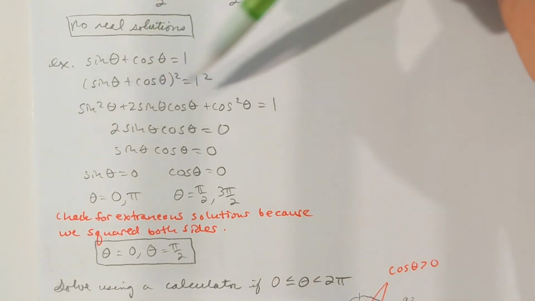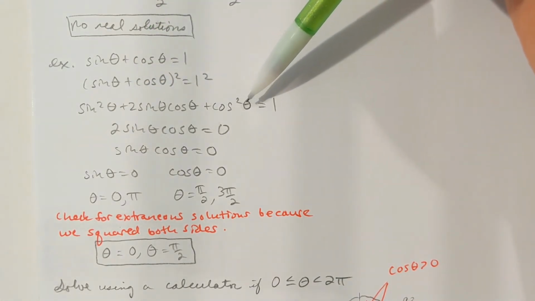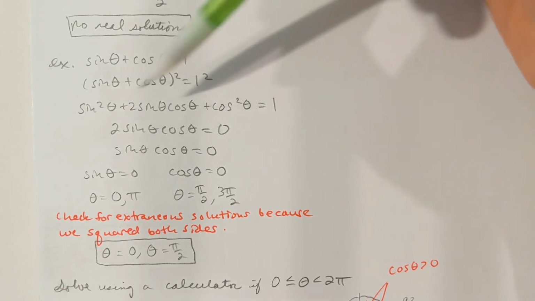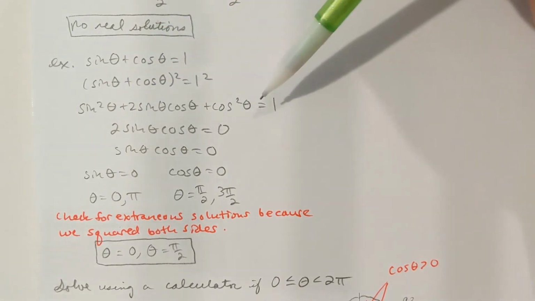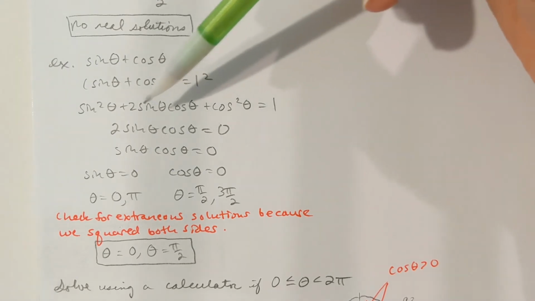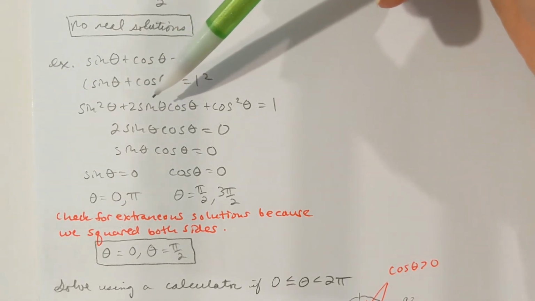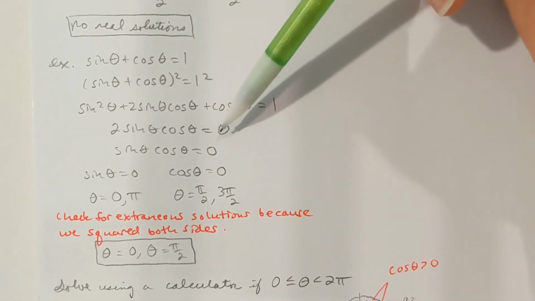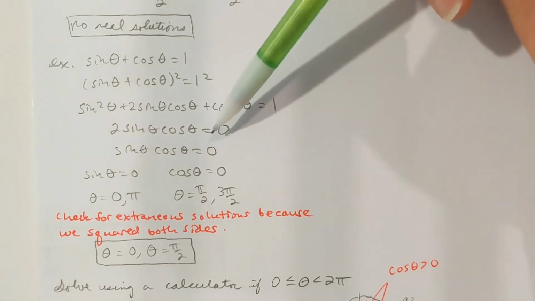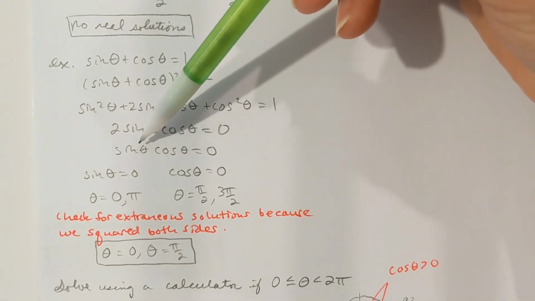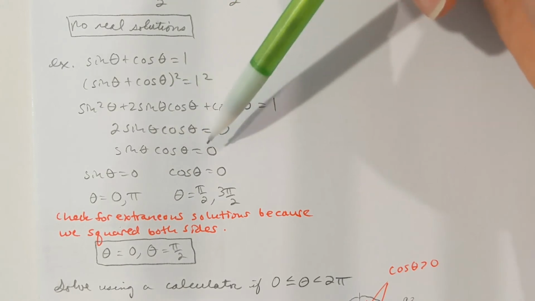Now sine squared theta plus cosine squared theta is 1. If I subtract 1 from both sides, I'm looking at the middle term, 2 sine theta cosine theta equals 0. Divide by 2 on both sides, and that gives me sine theta times cosine theta equals 0.